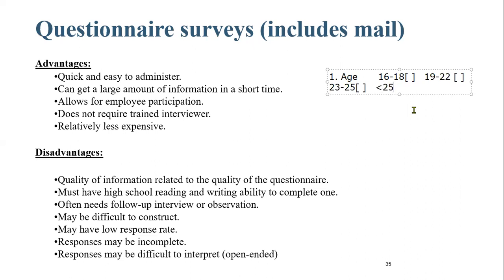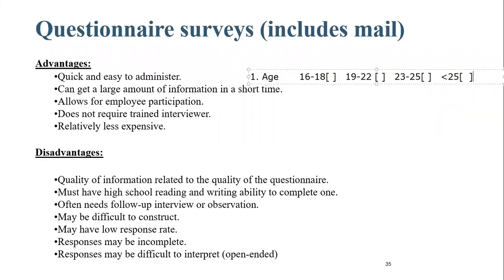Then in the questionnaire, you can have gender. So you can be given gender: you have male, you have female. And when you are designing, you need to also consider the factors of their behavior.